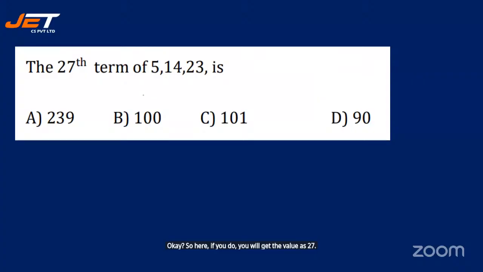Right. Now see here, the 27th term of 5, 14, 23 is dash. So Tn is equal to a plus n minus 1 into d. So T27 is equal to a plus 26 into d. What is d? 14 minus 5, 9.